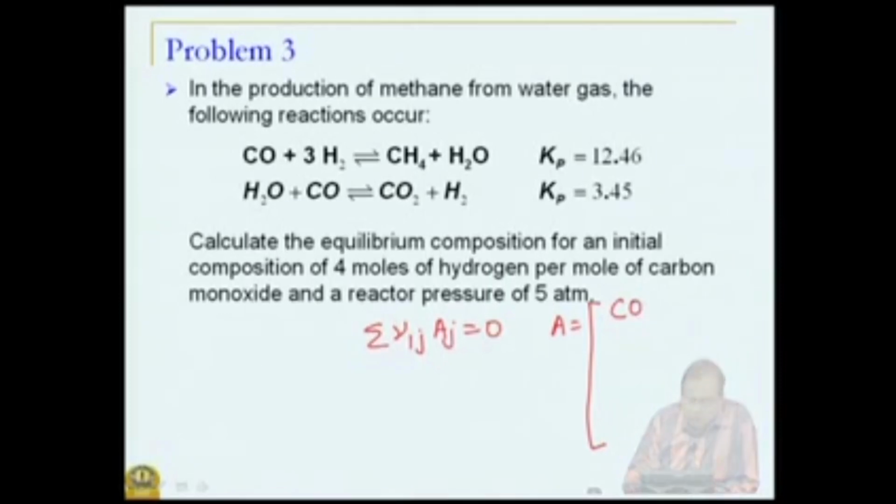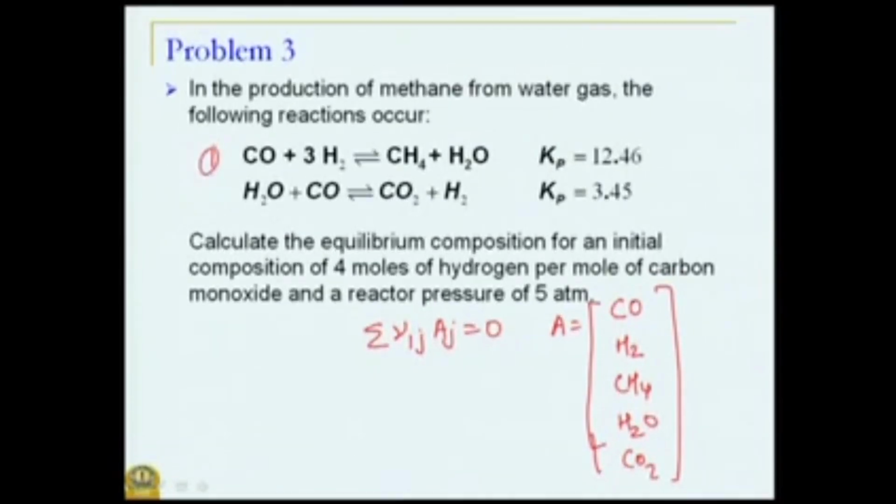For this case, carbon monoxide, hydrogen, methane, water and carbon dioxide. So, I have 5 species, 2 reactions. So, this is my first reaction, reaction 1, and reaction 2, which is summation nu 2j Aj equal to 0, for which I have been given equilibrium constant.